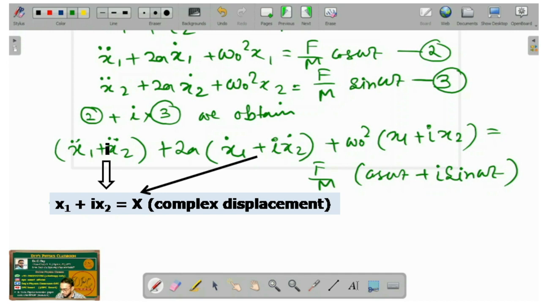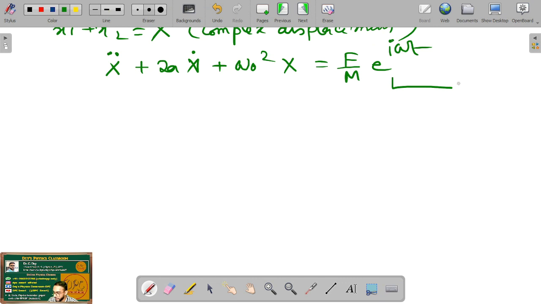Now we take x1 plus i x2 as a new variable, capital X, which is complex in nature. So this equation will turn into capital X double dot plus 2a capital X dot plus ω0² capital X equals F by m into e to the power iωt. So we number it as equation 4.